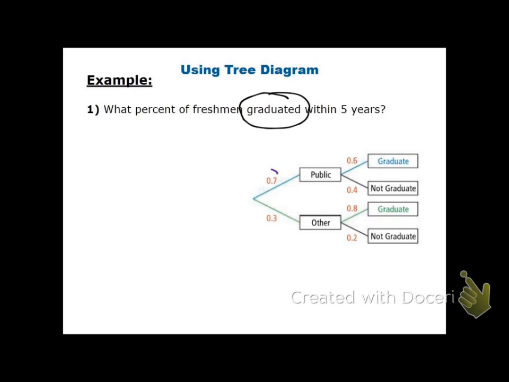For the 70% that went to public school, 60% of them graduated. For the 30% that went to other, 80% of them graduated. So we're going to find the probability of going to public school and graduating, and then the probability of going to other school and graduating, and then we're going to add those together. So let's set this up.